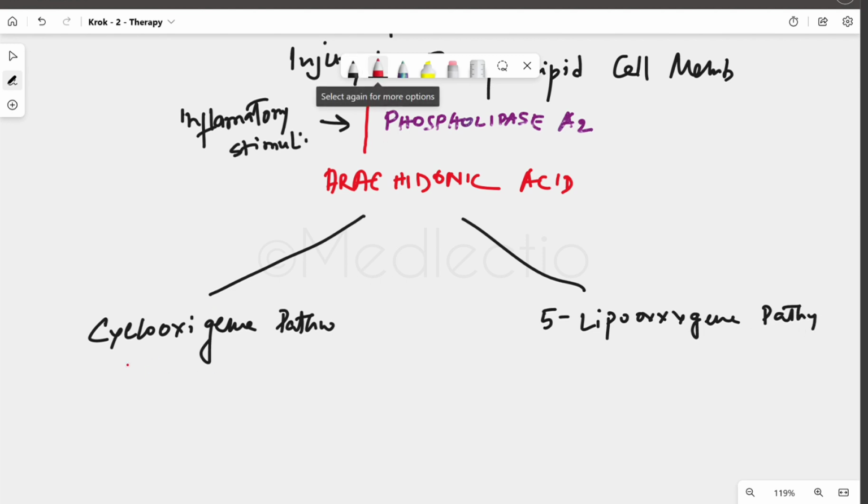Here we have our examples of COX1 and COX2. I think you have heard about it.